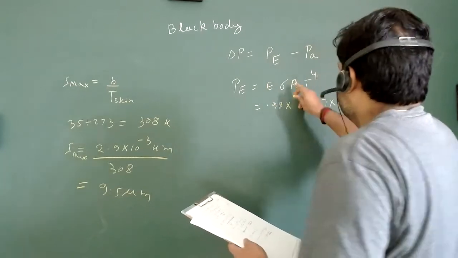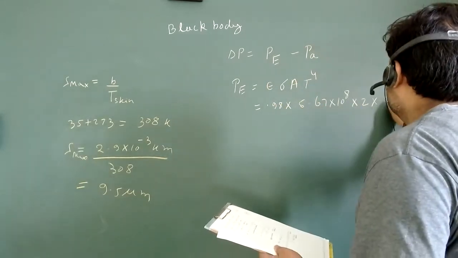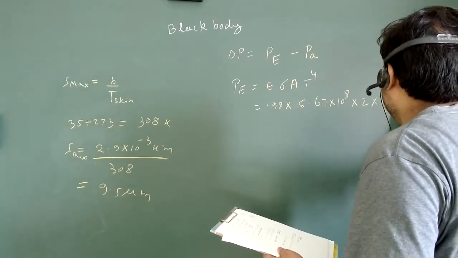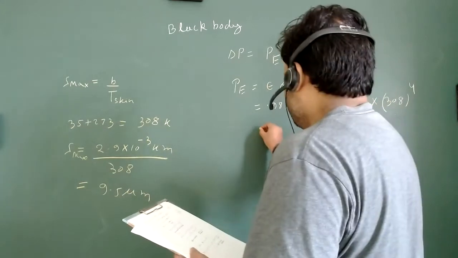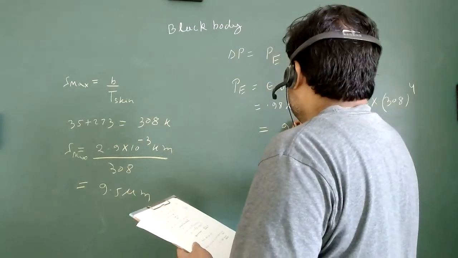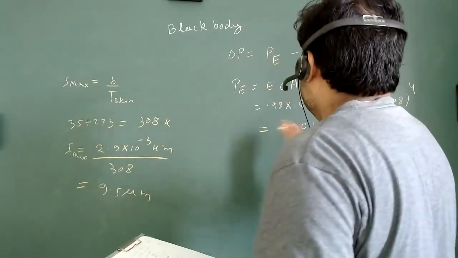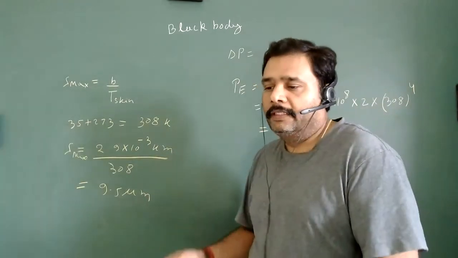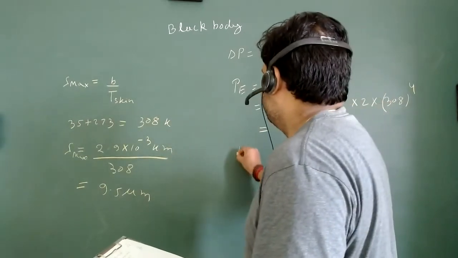Area is 2 meter square, and here the temperature is 308, so we take 308 to the power 4. When we calculate this, you will get approximately 990 watt.